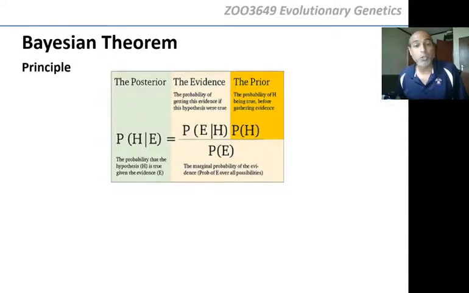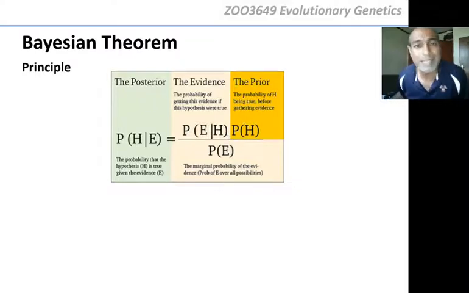And so we've got these two functions: the probability of the evidence given the hypothesis, divided by the probability of the evidence. So what is P(E given H), the probability of the evidence, which is the data, given the hypothesis?